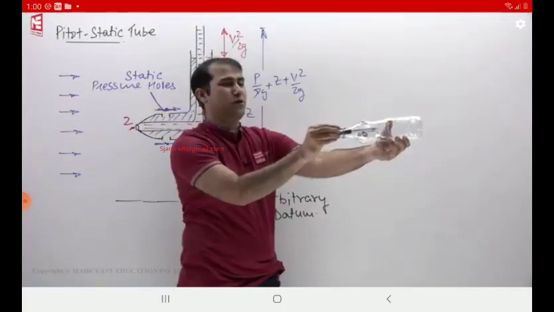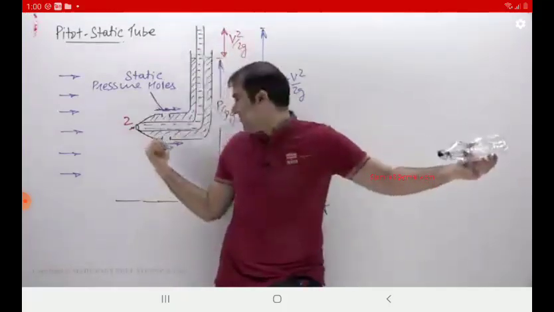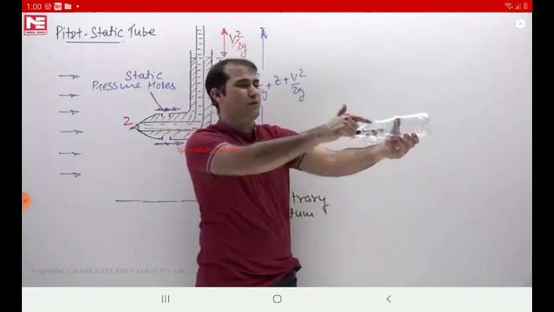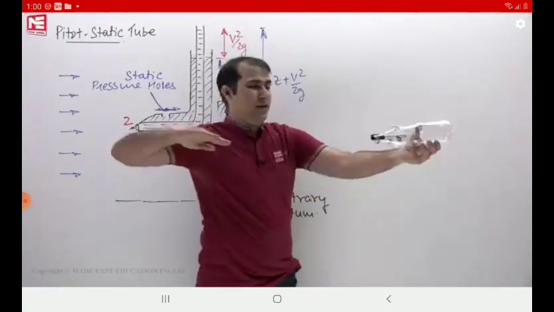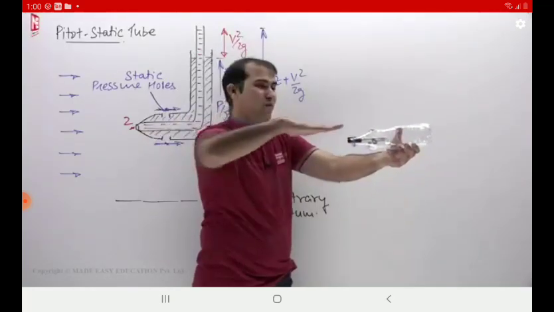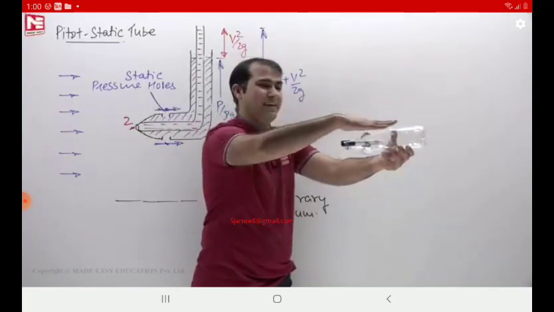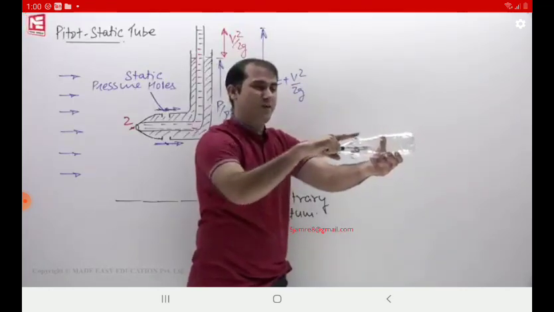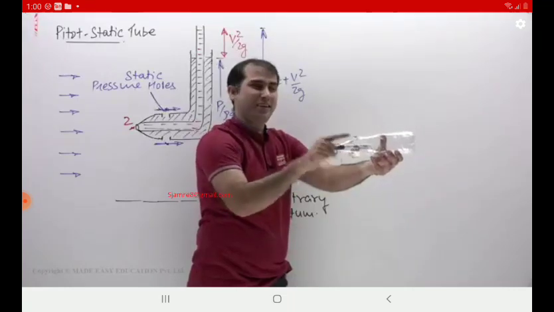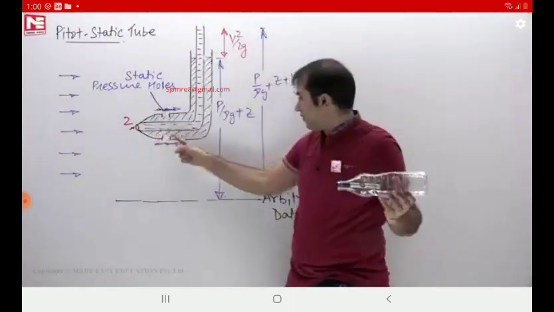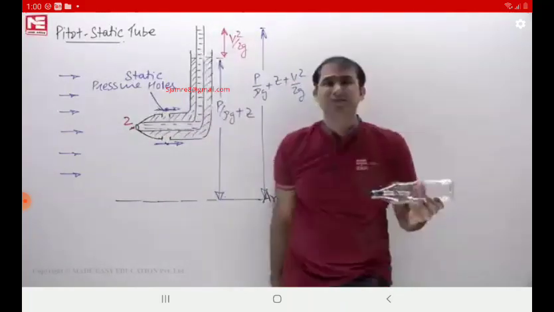Whatever you are looking at in the diagram, actually that depends on the design: peripheral holes 1, 2, 3, 4. Here the flow strikes and stagnation is there, but here the flow does not stagnate. On these holes the flow does not stagnate, child. Here the flow goes out. Whatever the pressure here, because of that pressure the liquid here is at a particular height.